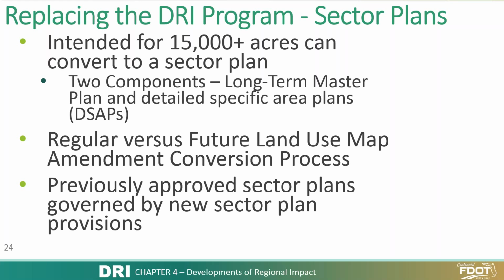And this can only occur for future land use map amendments that were approved after July 1 of 2011. We have this here as just a note that as we're seeing the DRI program potentially going away, we are probably going to see more and more about sector plans going into the future.